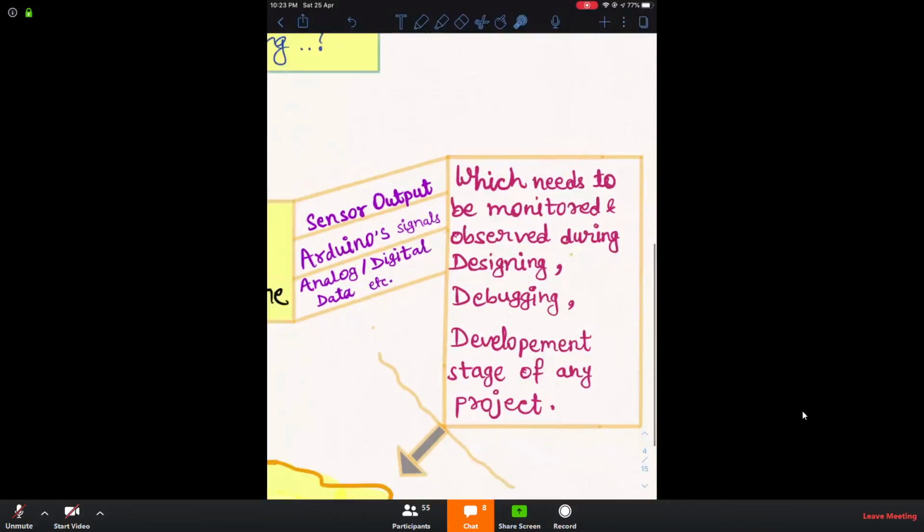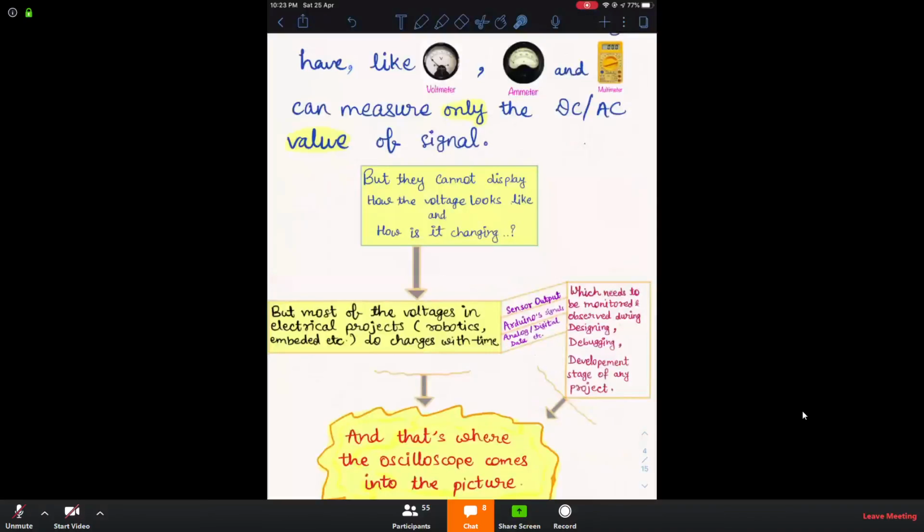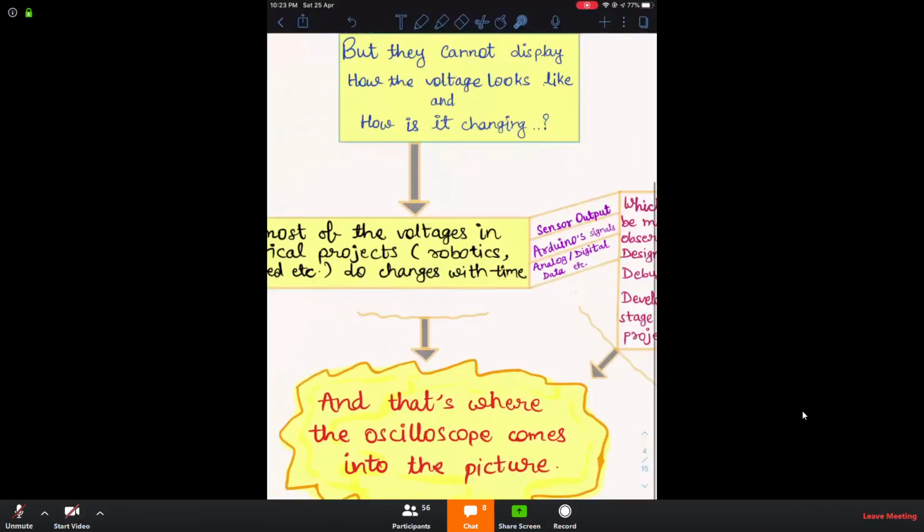So when we look at all this necessity, the oscilloscope comes into the picture, because the oscilloscope is the device which gives you the ability to visualize all this data, like sensor data, Arduino signal data, and digital and analog data. All these things you can see in an oscilloscope.